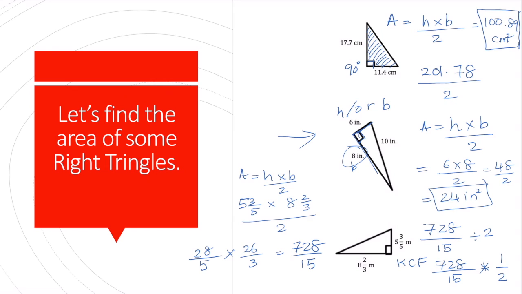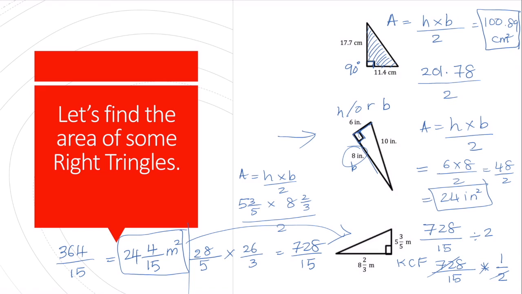Now you can simplify, and if I simplify these two, I'm going to get 364 over 15, and these ones cancel out. If I divide this, I'm going to get 24 and 4/15, and my measurements are meters squared, so that is the area of this tiny triangle.